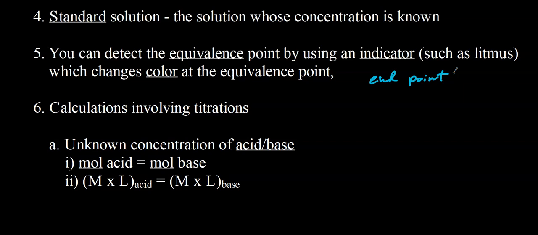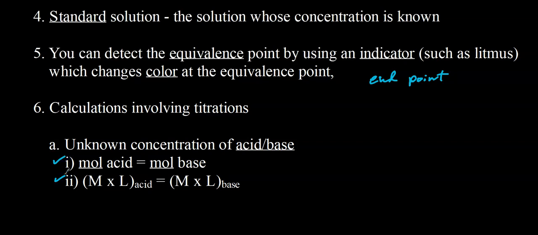First one, determining the concentration of an acid or a base. This relationship here that we're writing assumes that the acid and base react in a 1-to-1 ratio. So neither this nor this are entirely true for a reaction that does not occur in a 1-to-1 ratio.